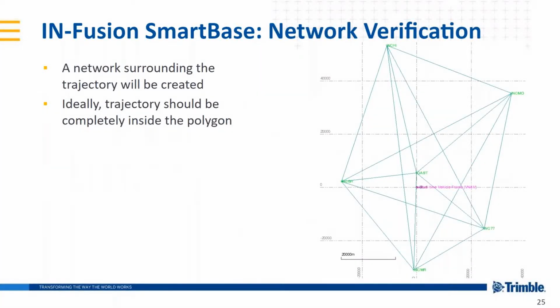After post-processing, a network surrounding the trajectory will be created. Ideally, the trajectory should be completely inside the polygon.